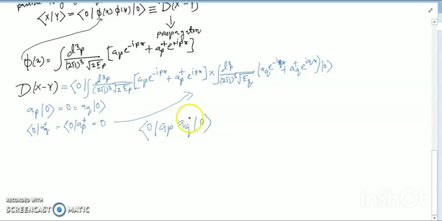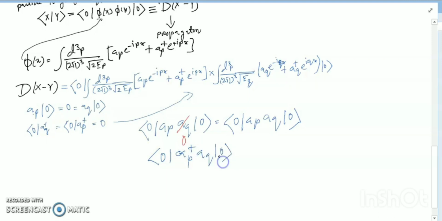Again you see 0 for a_p and a_q. This term is also the same, 0, and similarly we get 0 for a_p dagger and a_q. So this term is also 0.